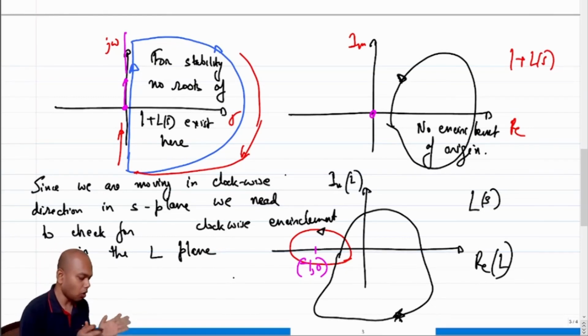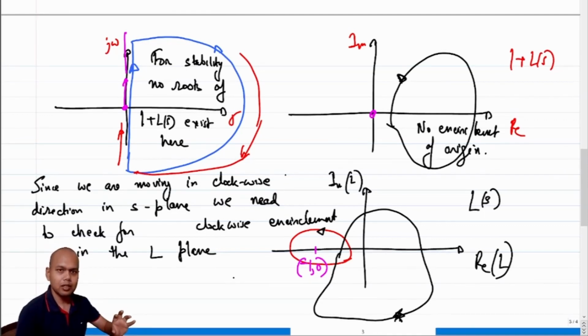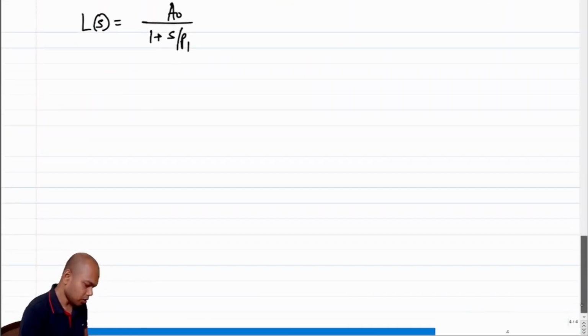So in essence, all we have to do is to plot the transfer function between 0 to omega equal to infinity, right? That's the cool thing about Nyquist criteria. So let's do that. So if we do that, what will happen?